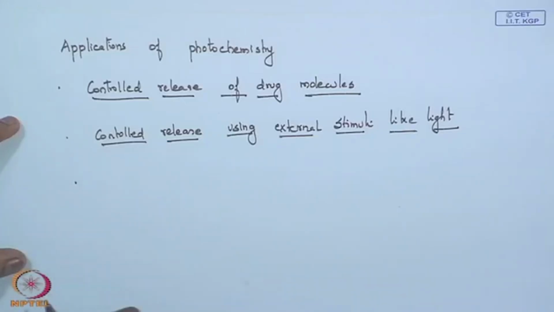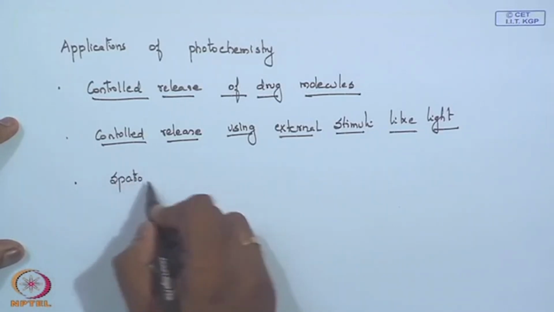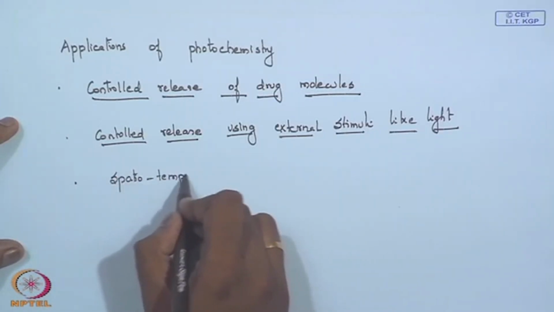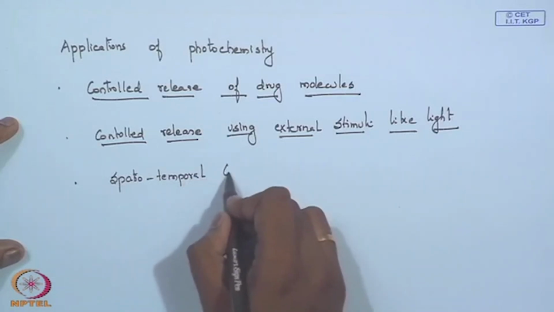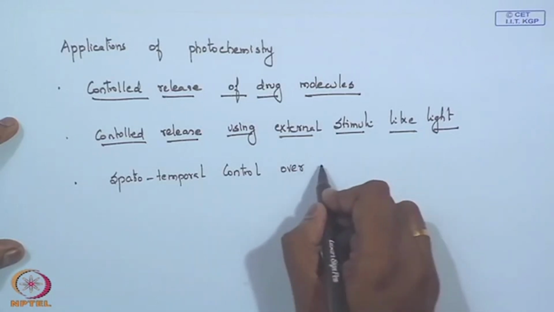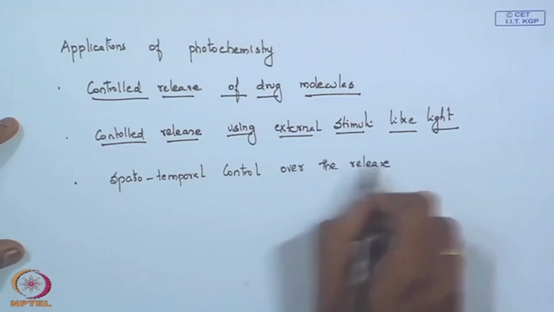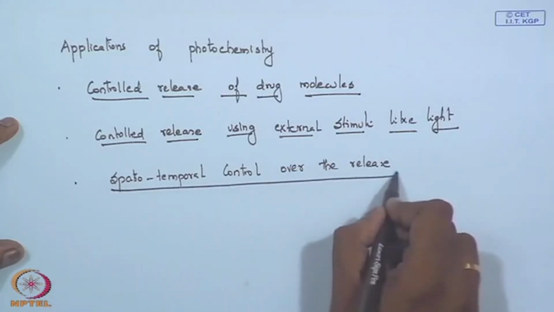So that other cells are not damaged, only the cancer cells are damaged, right. So, the basic advantage this method provides is spatio-temporal control over the release. This is what light gives.